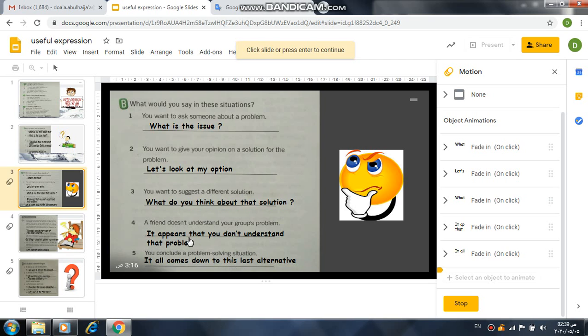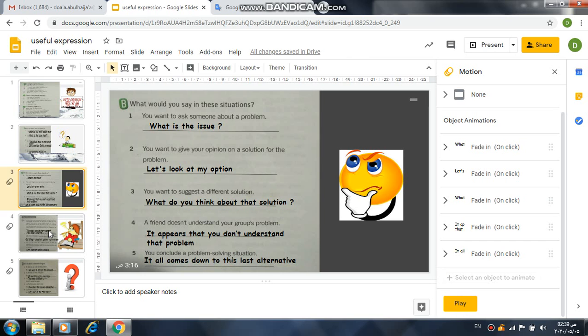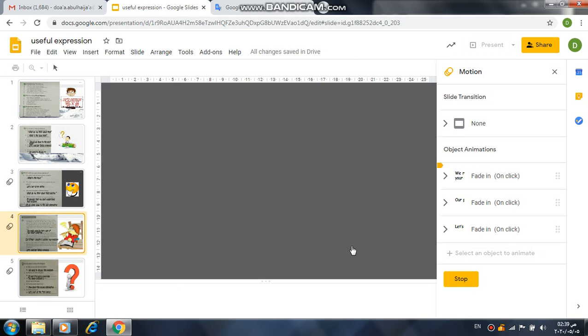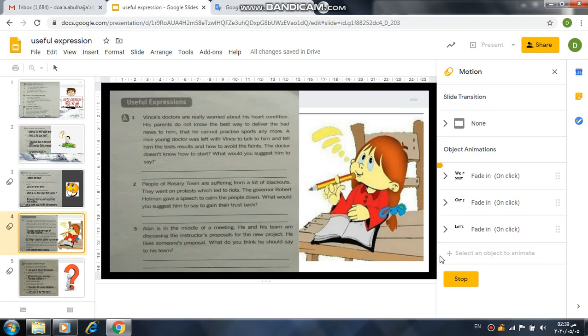Now, let's go to exercise A in your workbook, page 51. In exercise A, we need to decide what we will say in each situation. Number 1, Vine's doctors are really worried about his heart condition. His parents don't know the best way to deliver the bad news to him, that he cannot practice sport anymore.